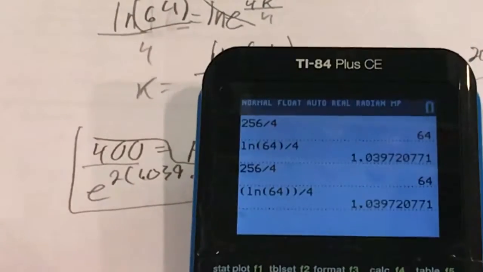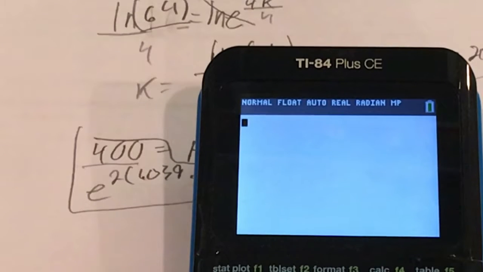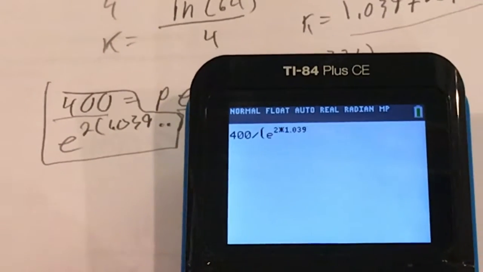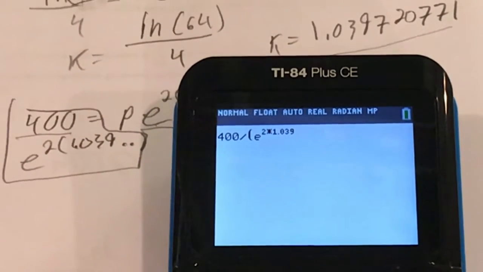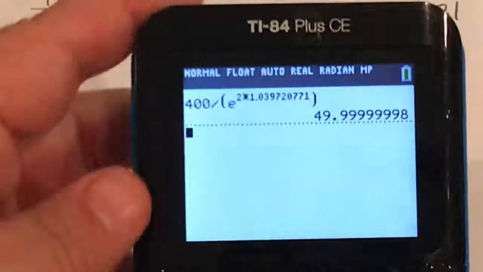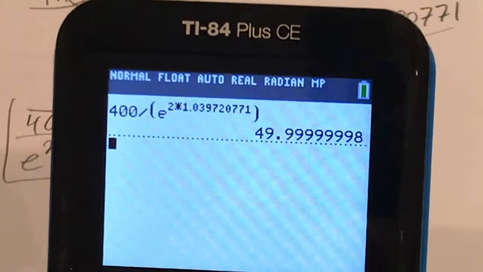So 400, divided by, parentheses, shift e to the 2 times 1.039720771. So the original amount will probably be rewritten as 50.